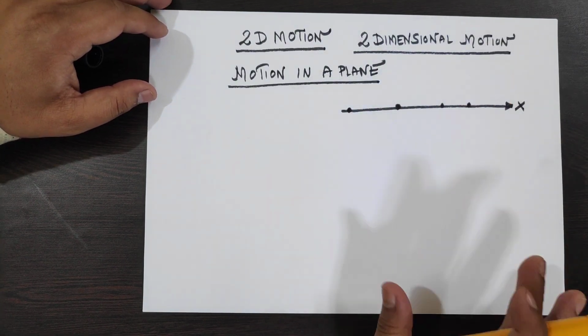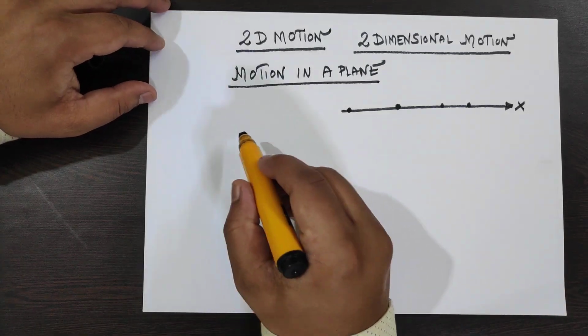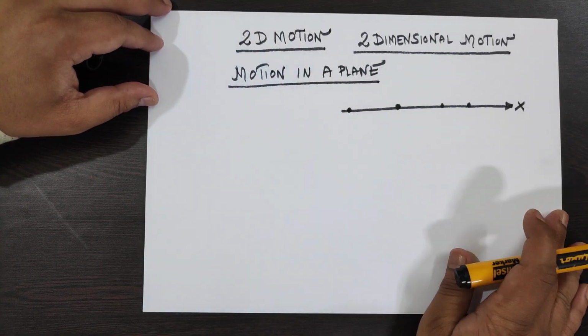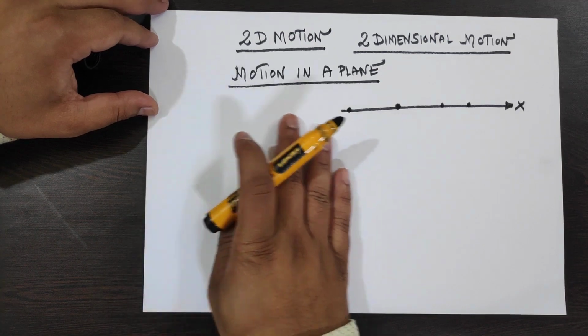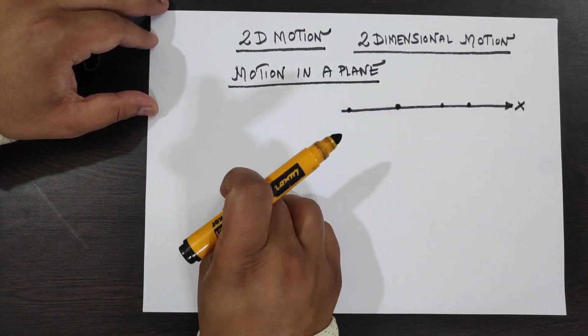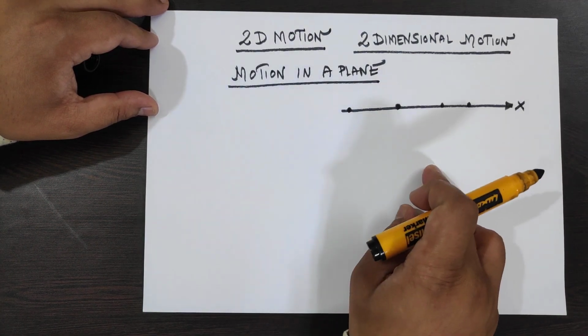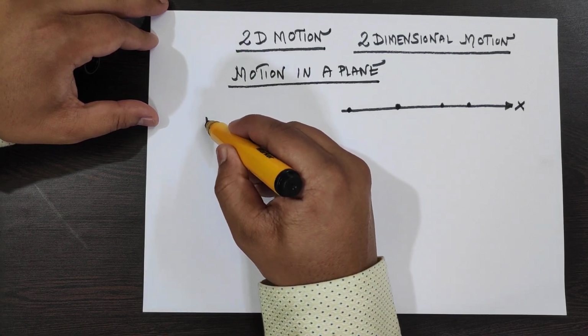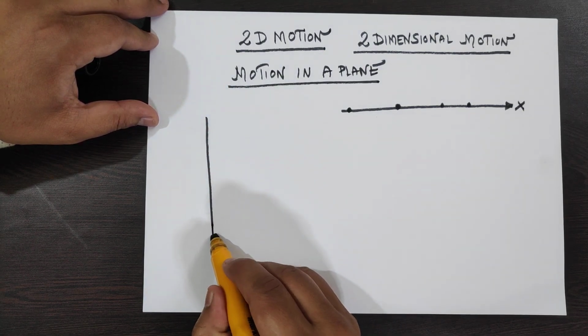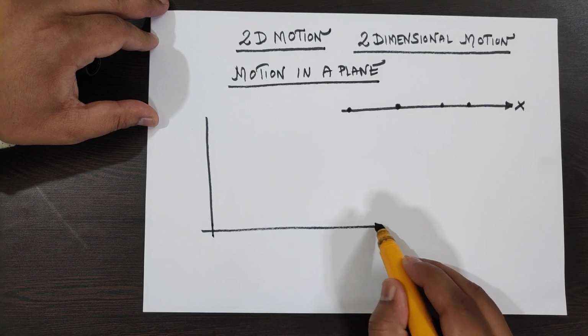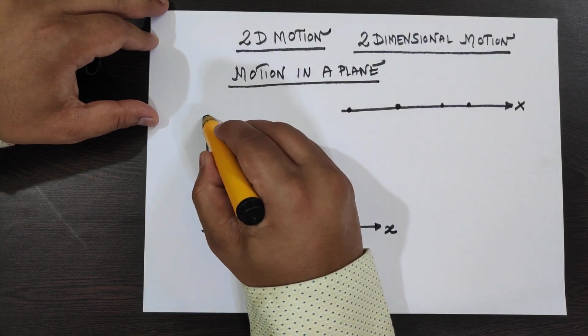So we have chosen the x axis, but here it is motion in a plane. For example, this paper is a plane and an insect is walking on the paper. So you need two coordinate axes to describe the position of the insect at any time.